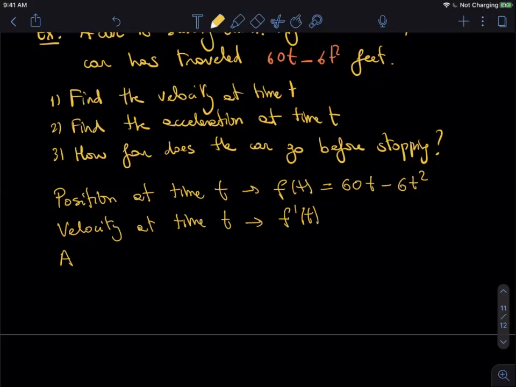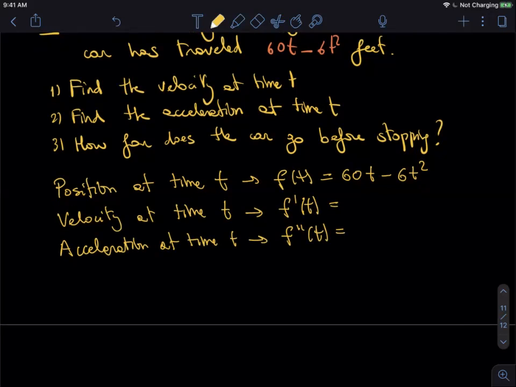And then the acceleration that the problem also asks, acceleration, that is the rate of change of the velocity. So that's the second derivative. All right. So yeah, so let's compute the derivative. The derivative is 60 minus 12t, and then the second derivative is minus 12.